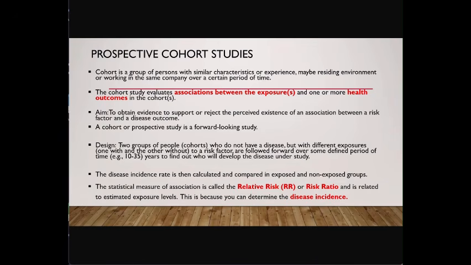If it is the rate of development of the disease, we can call it rate ratio, because it's a ratio. The rate in the exposed over the rate in the unexposed, right? That's why we can call it rate ratio. So the relative risk will be 10.